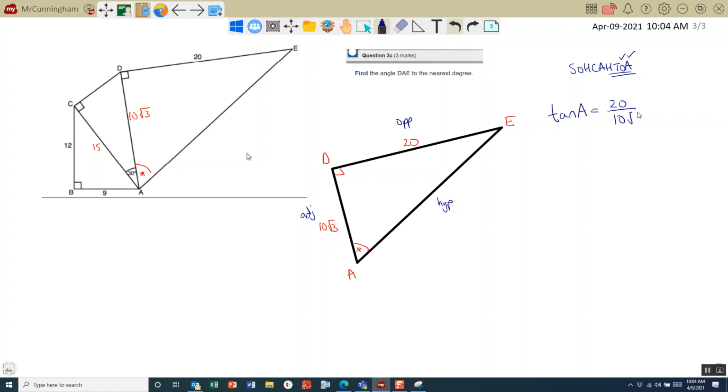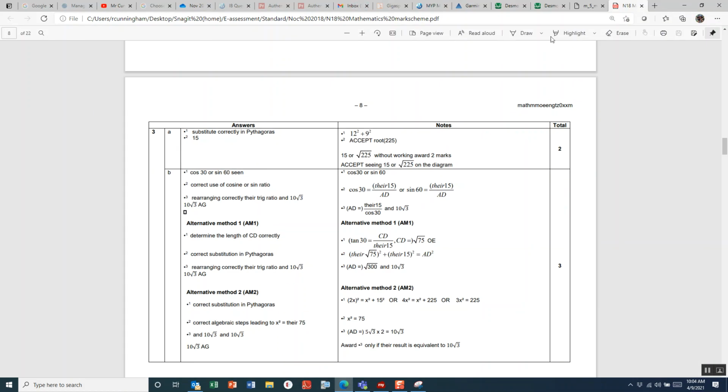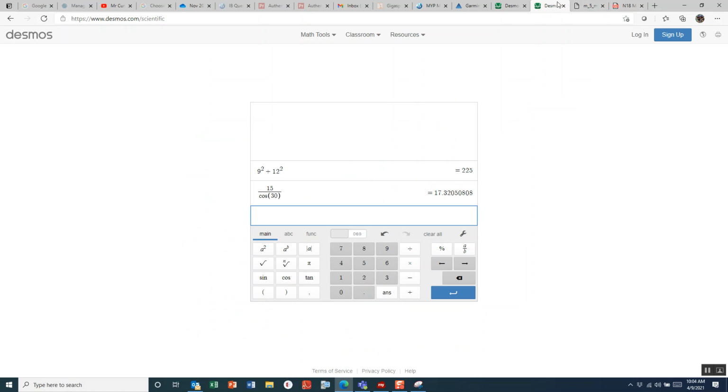10 root 3. And if I want to find the angle, I need to get rid of the tan, so I need to do inverse tan of 20 over 10 root 3. And this is something I can put straight into my calculator, just exactly as we see it.